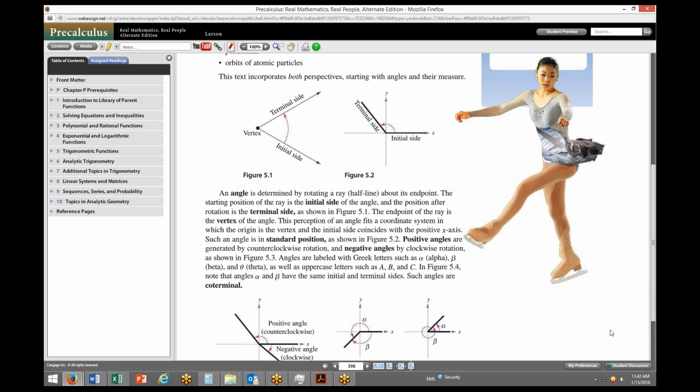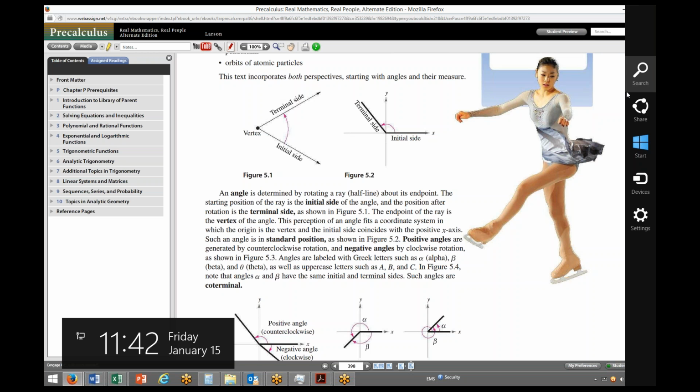But with this concept of an initial side and a terminal side, we can develop a concept of an angle being in standard position. Standard position means that an angle is located in our classic XY coordinate plane with the initial side being the positive x-axis and the vertex of the angle being exactly at the origin, the 0, 0 point of the XY plane.